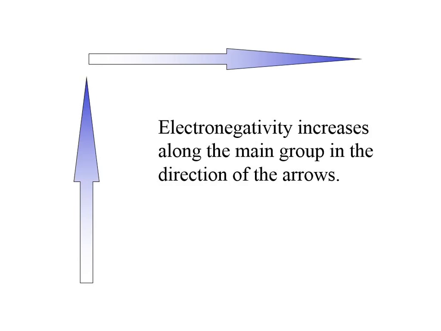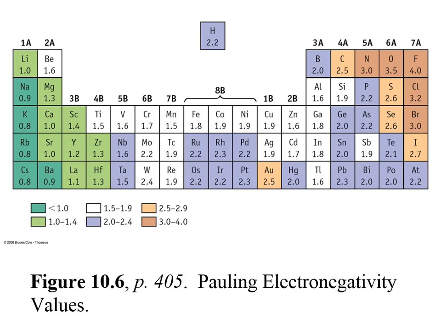Size increases this way and this way. All right, these are all review slides. Linus Pauling earned the Nobel Prize in Chemistry, but those are Pauling values, or electronegativity values. Remember that the greater the electronegativity value, the more it's going to want to hoard electrons to itself.